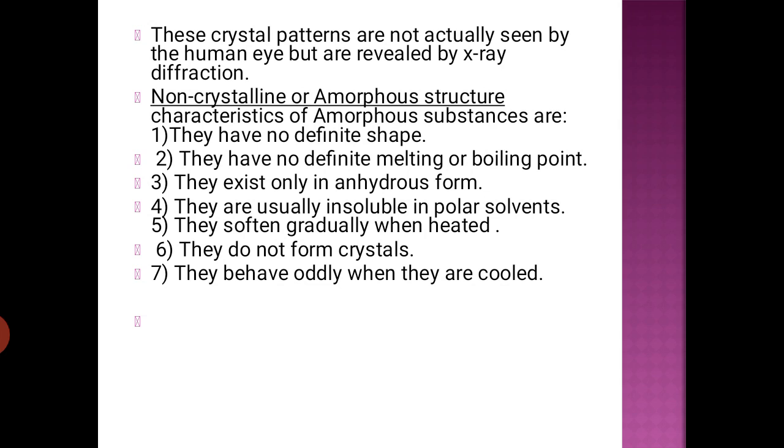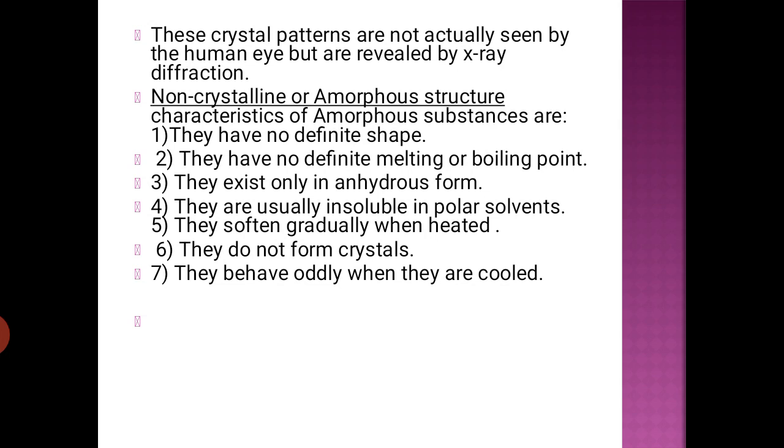Now, having treated crystalline, what of the non-crystalline? Remember that I said another name for non-crystalline is amorphous. So let us look at the structure of amorphous substances, starting with their characteristics.